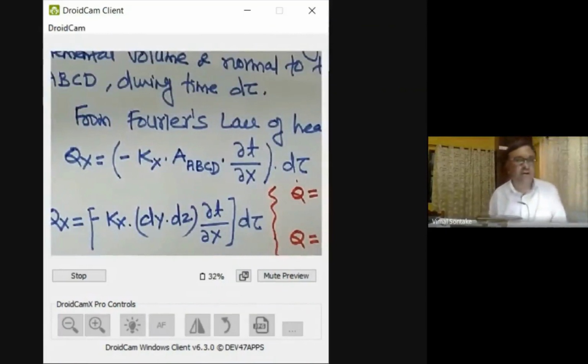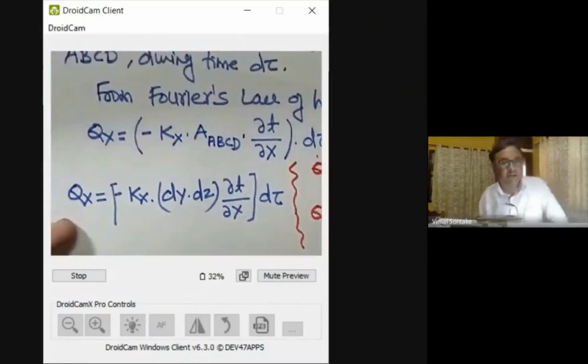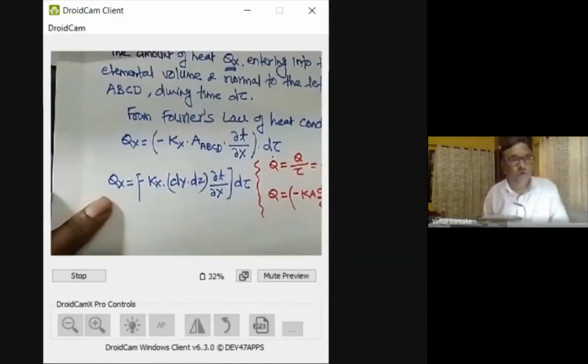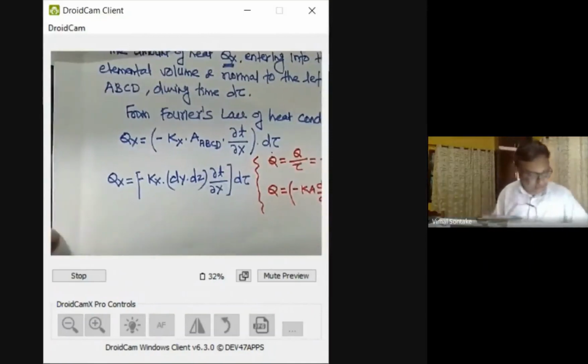So this is the final equation for heat transfer rate Qx in the direction of x and entering into the element.